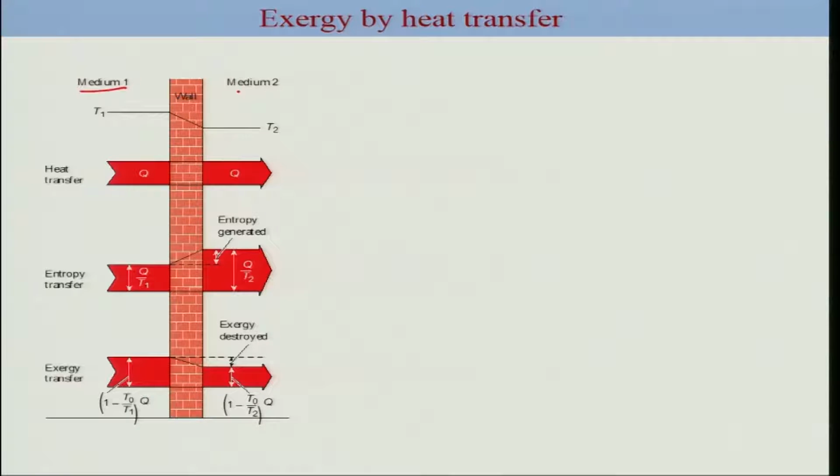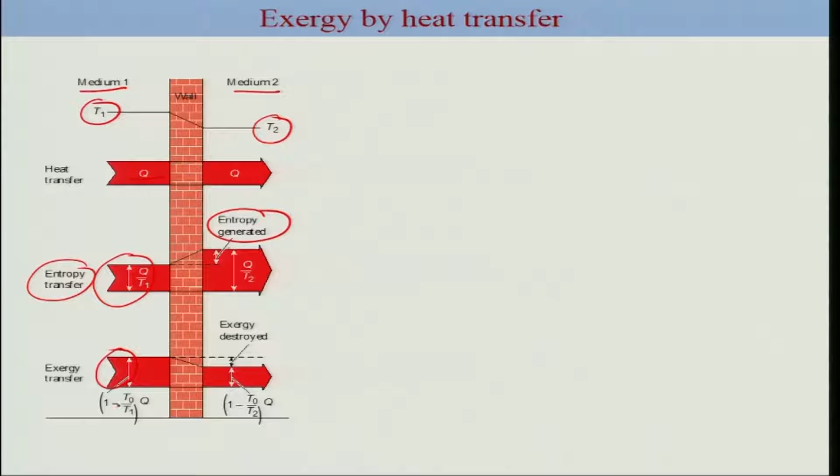Let's look at exergy by heat transfer across this rigid wall. You have medium 1 and medium 2, with temperature T1 higher than that of T2 of medium 2. The heat transfer is given by Q, which is of course constant across this wall. The corresponding entropy transfer is simply Q by T1 for medium 1, and for medium 2 this is going to be increased because T2 is less. The difference between medium 1 and medium 2 corresponds to the entropy generated. Based on the previous definition, your exergy transfer can be written as 1 minus T0 by T1 times Q, and that is going to be more.